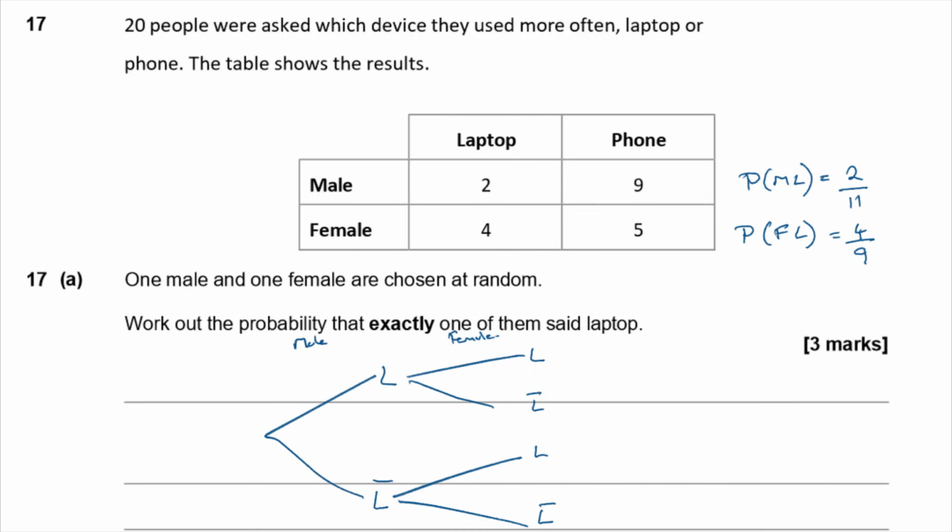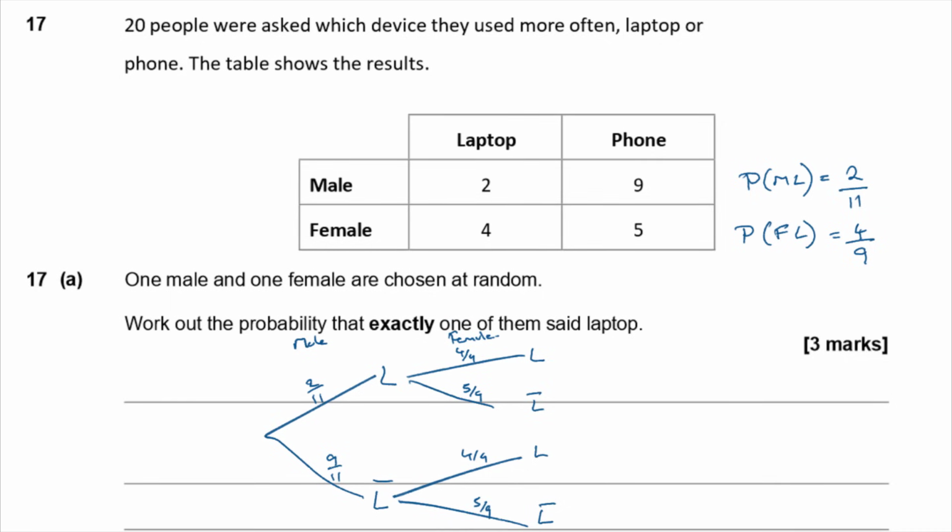The probability that the male said laptop was 2 in 11, so the probability that the male didn't say laptop was 9 over 11. The probability that the female said laptop was 4 over 9, so the probability they didn't say laptop was 5 over 9. And that's repeated down here because they're independent.